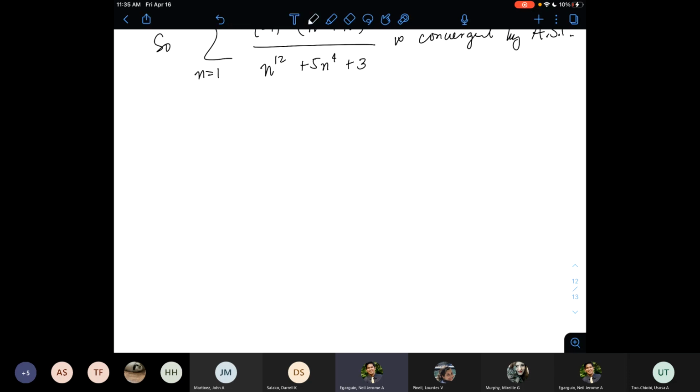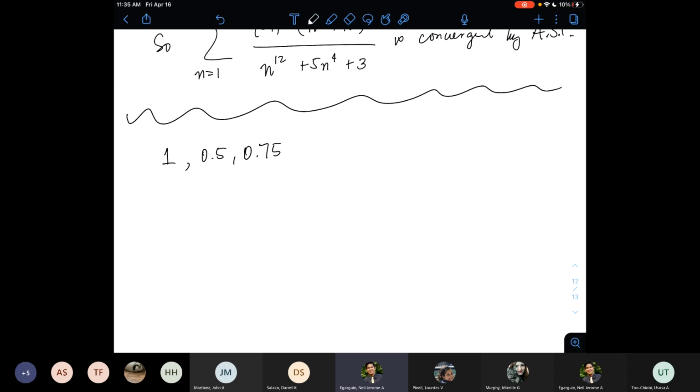Because one behavior that we are avoiding is this: you could have a 1 followed by, say, 0.5, then followed by 0.75. Oops, maybe I should phrase it in terms of alternating signs. So from here to here, it decreased, but from here to there, it increased.